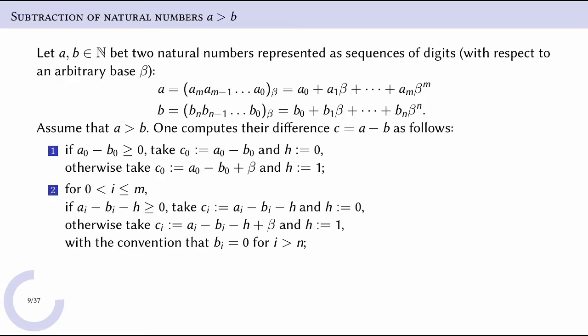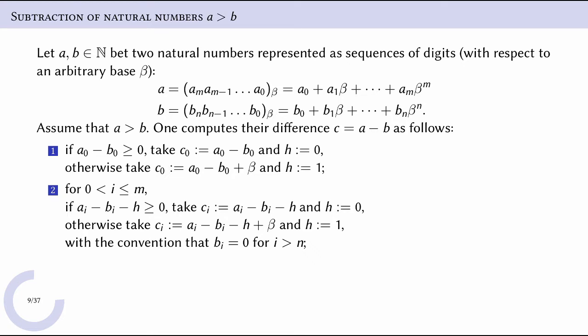Subtraction of positive integers, if a is greater than b, is very similar, really almost the same. So again we have two sequences of digits, and we compute the differences step by step. First we subtract one from the other.